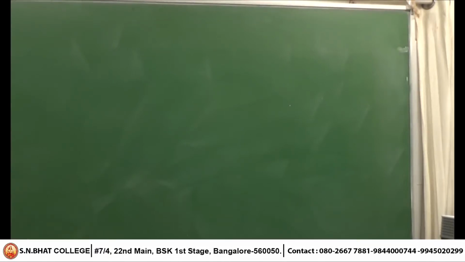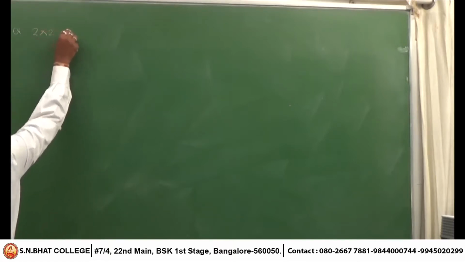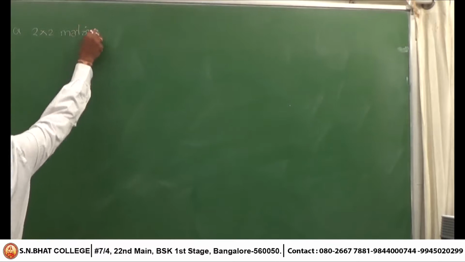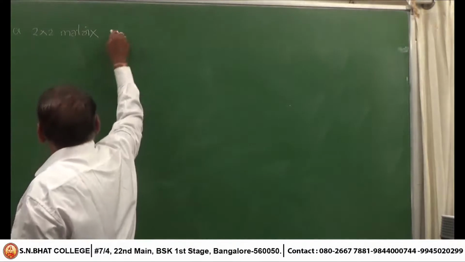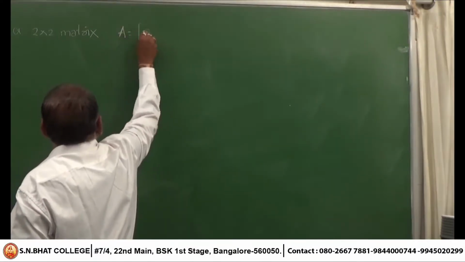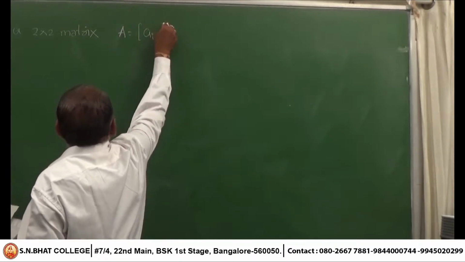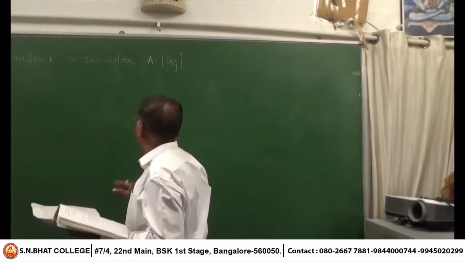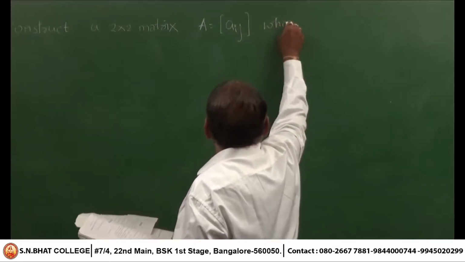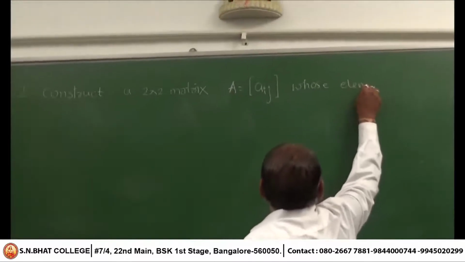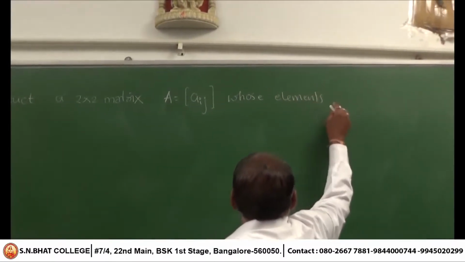See, next problem is construct a 2 cross 2 matrix where matrix A is Aij, whose elements are given by.